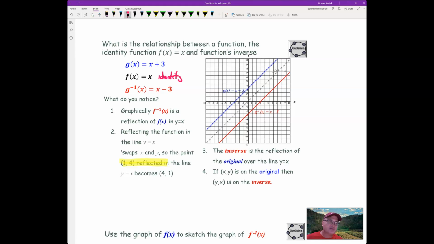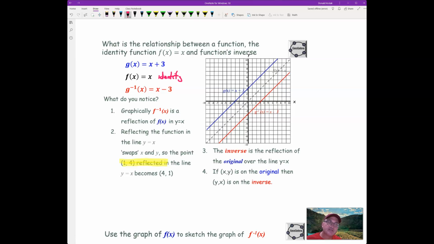And then this red function is the inverse. x plus 3 is undone by x minus 3. So what do you notice? Well, if we look at these two graphs, the inverse is the reflection of the blue graph in the line y equals x.